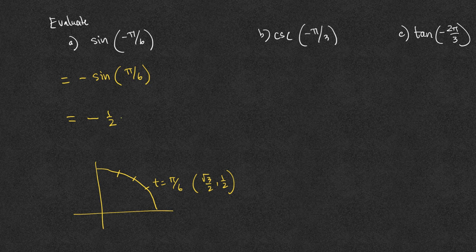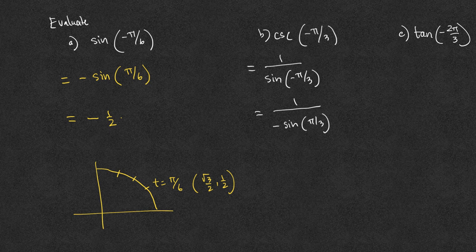Similarly, with cosecant, we would rewrite this as the reciprocal of sine, 1 over sine of negative pi over 3. And sine is an odd function, so sine of negative pi over 3 is negative of sine of pi over 3.